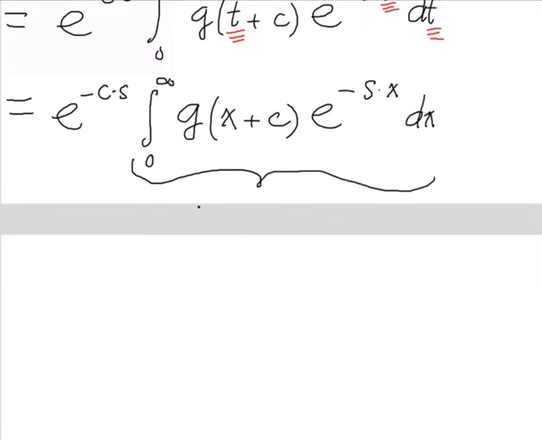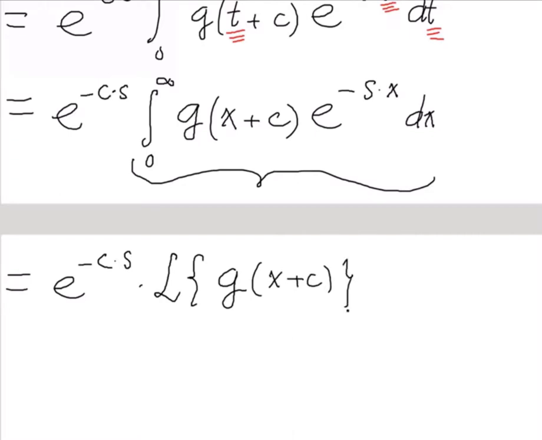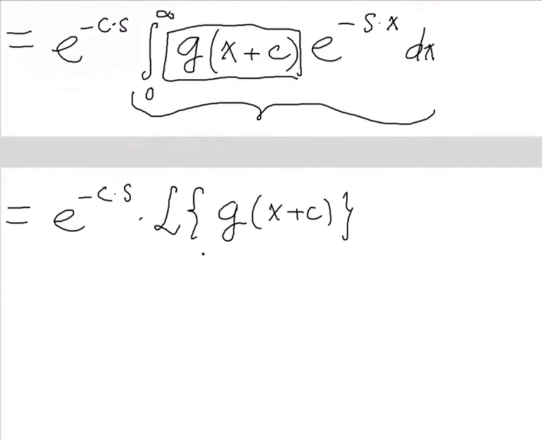This formula, if you recall, is nothing but the integral formula for the Laplace transform of g of x plus c. The Laplace transform of whatever factor we have here, and in this case, it is g of x plus c. g of x plus c means that we change the input x to the new input x plus c.